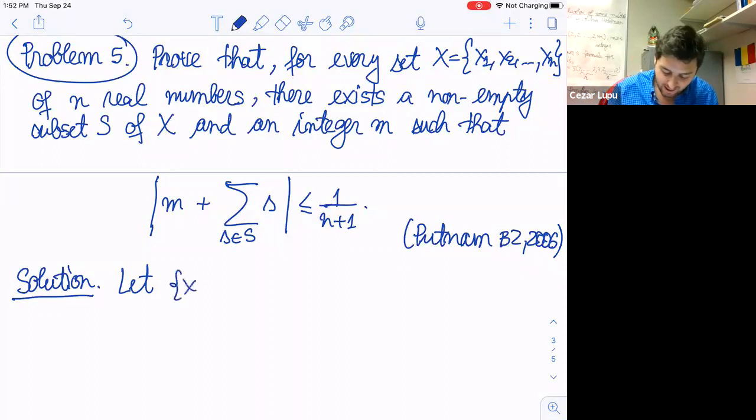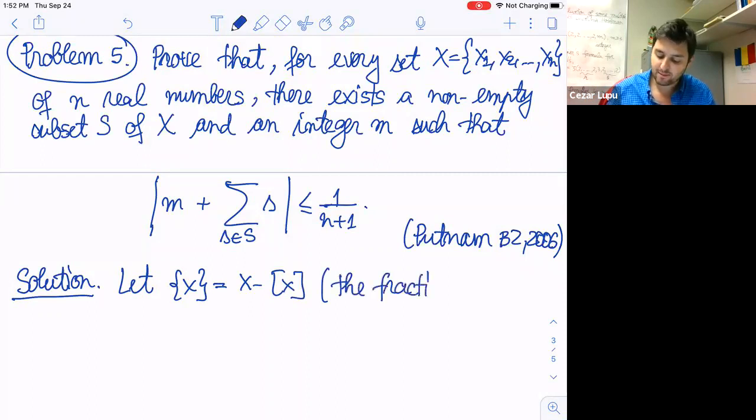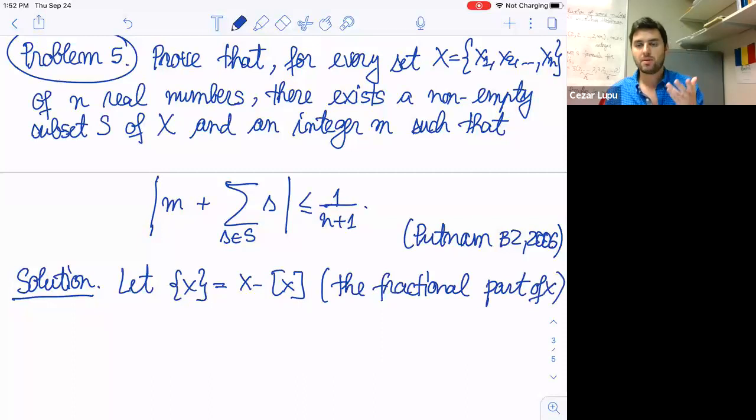So let the fractional part of x be x minus the integer part of x. This has an amazing property: any number has its integer part and its fractional part, and this fractional part will always be between 0 and 1.